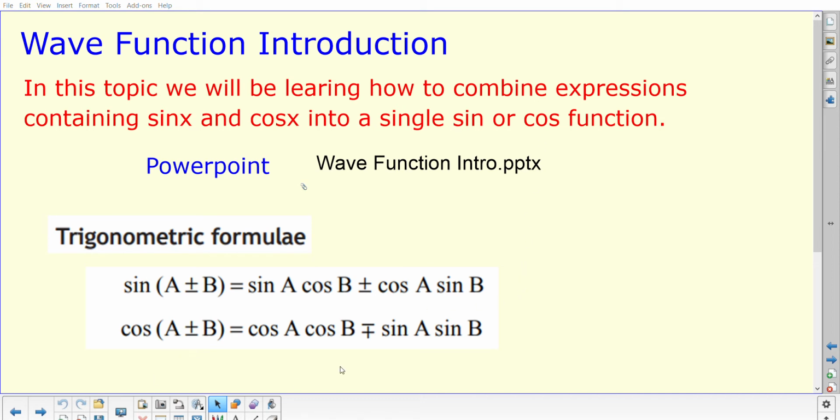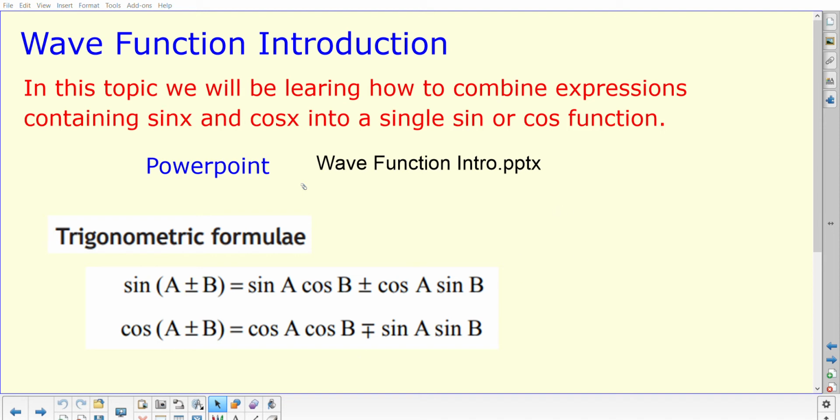And by considering the trig addition formulae and comparing coefficients, we will be able to work out those angle values that I was speaking about, the 50 and getting the exact ones.